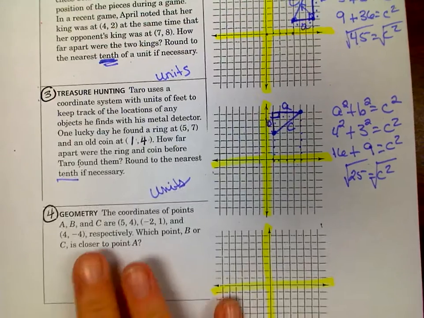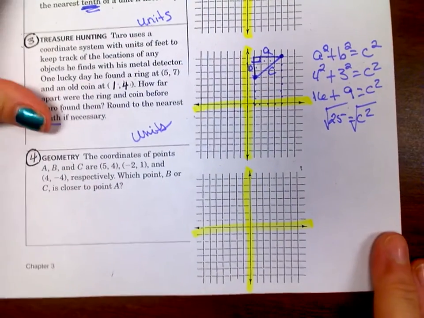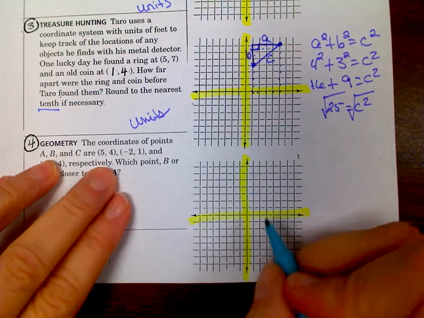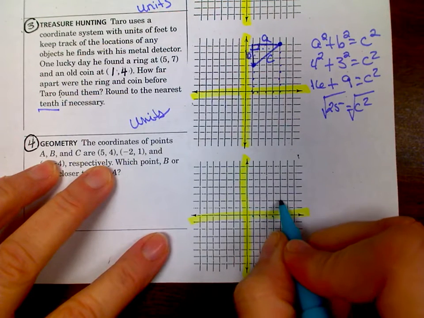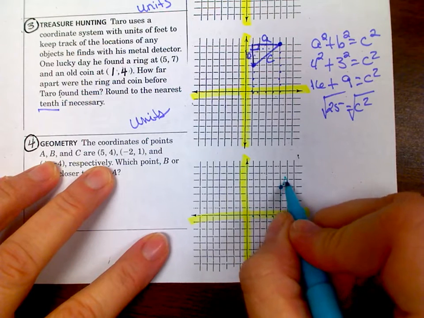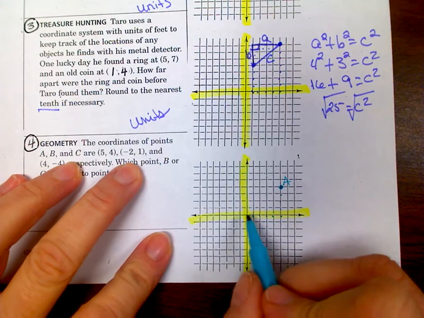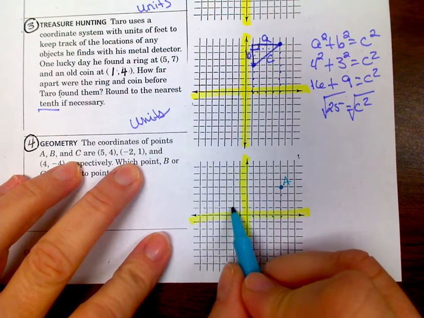Number 4 is actually going to be a 2-step problem. This is getting you to try to think and problem solve. The coordinates of points A, B, and C are 5, 4, 1, 2, 3, 4, 5, 1, 2, 3, 4. And that is A. B will be -2, 1, 2, 1.